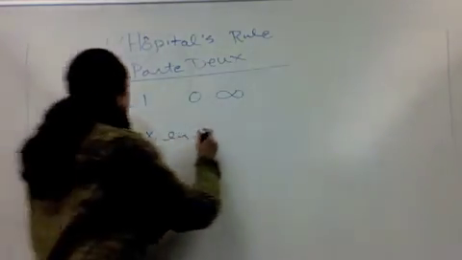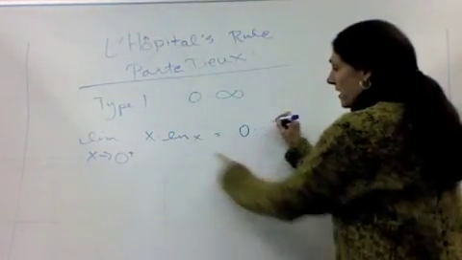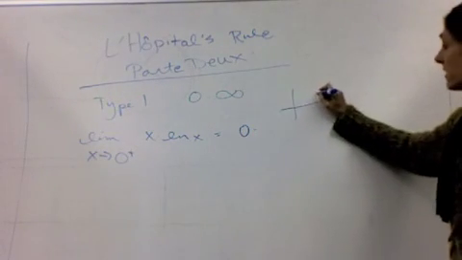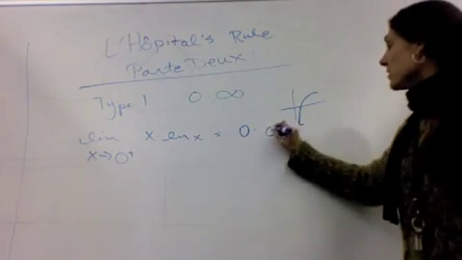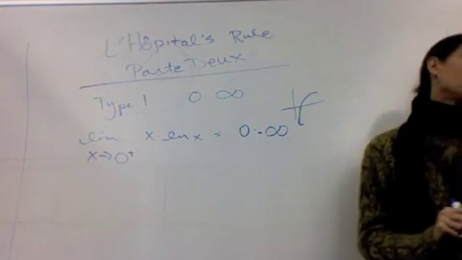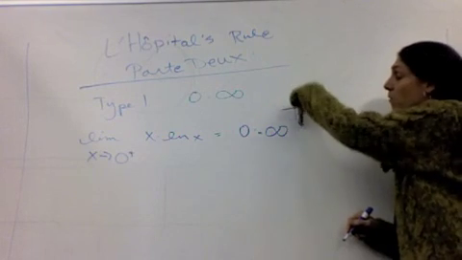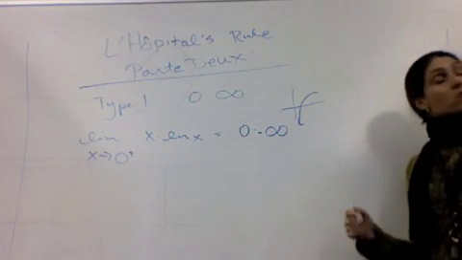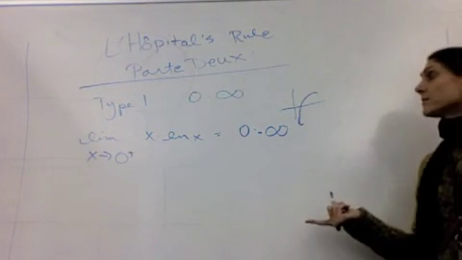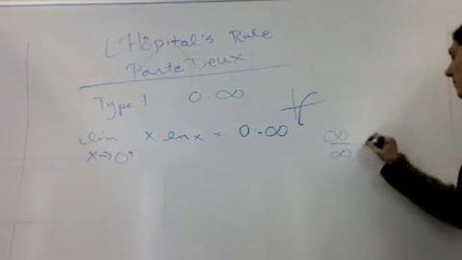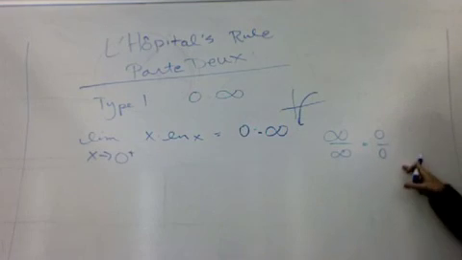If I plug this in, what do I get? I get 0 times negative infinity, don't I? Because ln goes like this. As x goes towards 0, the y's are going towards negative infinity. So there's a little trick to deal with this. Didn't I show you before how we could tweak the algebra a little bit to change infinity over infinity into 0 over 0?